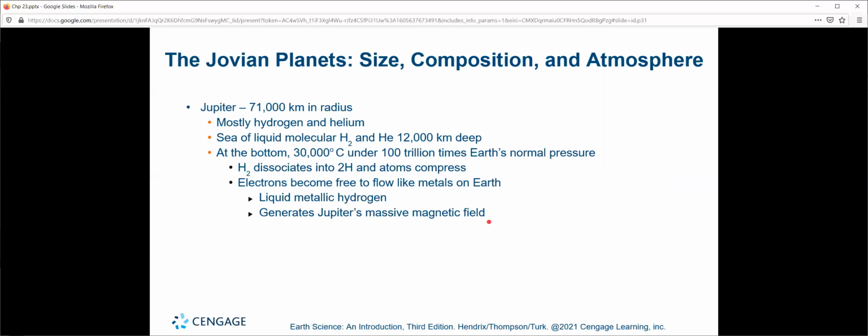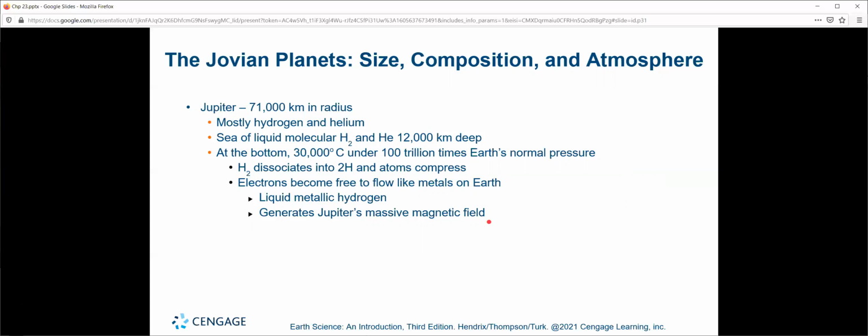At the bottom of that liquid molecular, molten outer core, if you will, mantle, is some 30,000 degrees Celsius and 100 trillion times the Earth's normal pressure. That is massive, massive heat and pressure existing at the bottom of this liquid mantle of molecular hydrogen and helium.